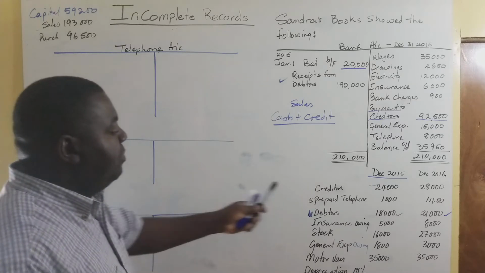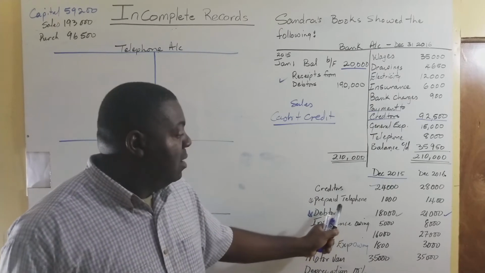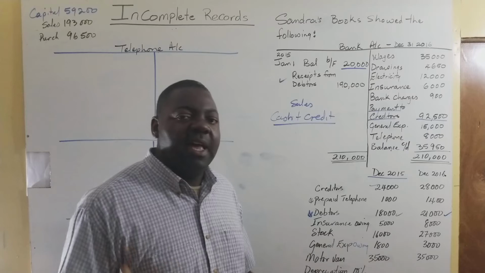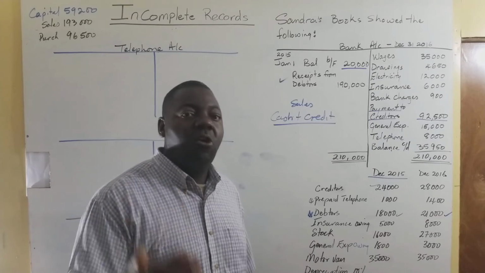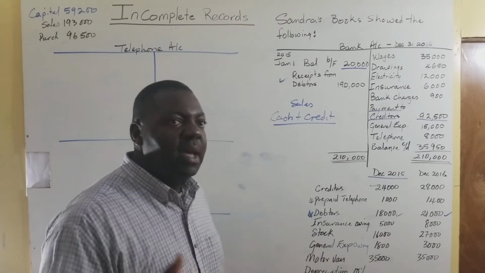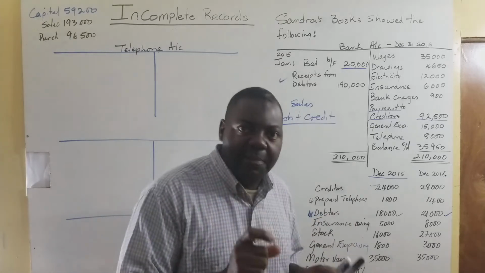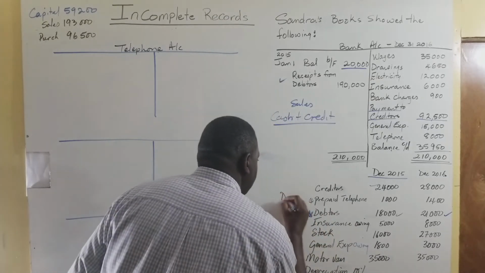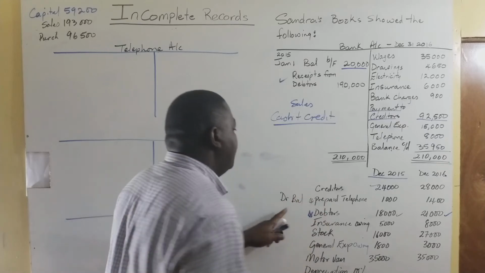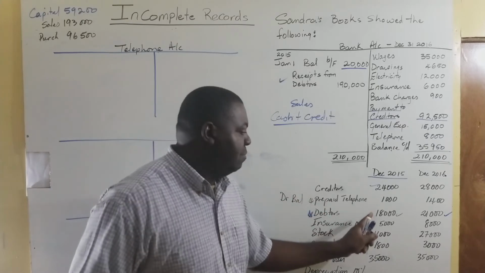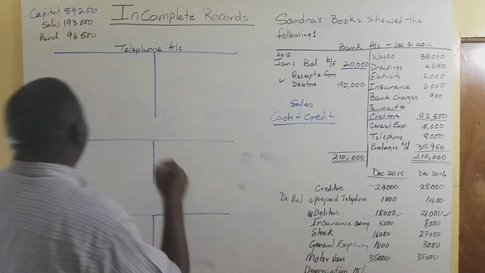Now, prepayment, we said opening prepayment is an asset, a current asset. And once the item is a current asset, then an asset carries a debit balance. And therefore, the opening balance is going to be on the debit side. Let's do that.